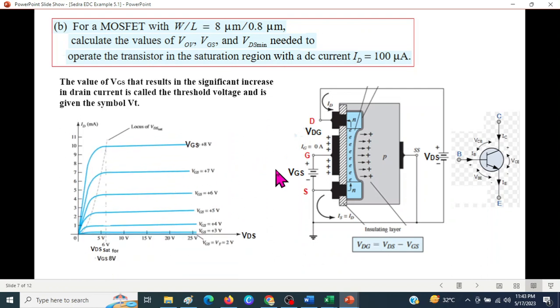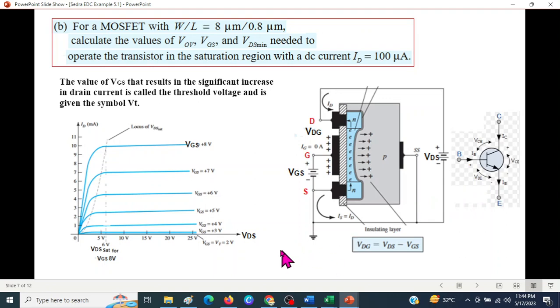And then we'll also discuss this characteristics diagram. And if you see, just from here, you know that we need a minimum voltage of 0.7 for this transistor to conduct.